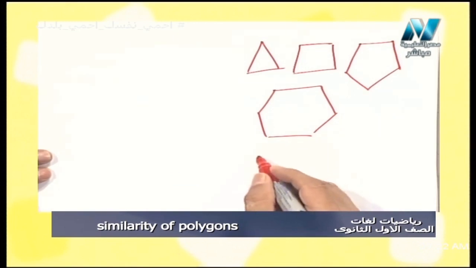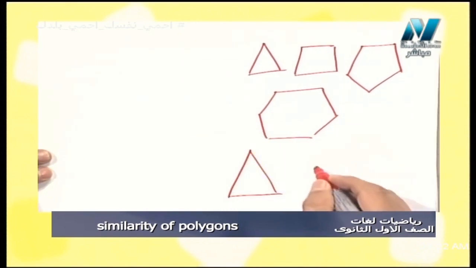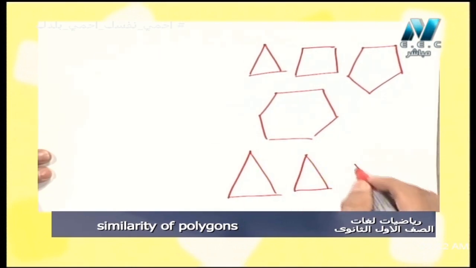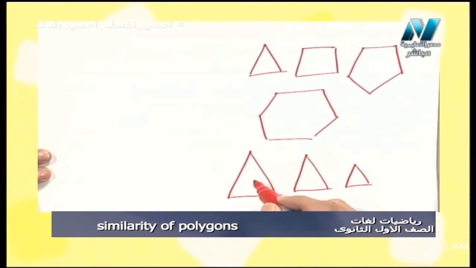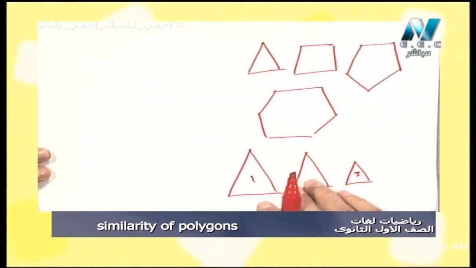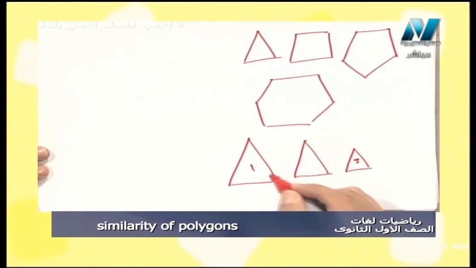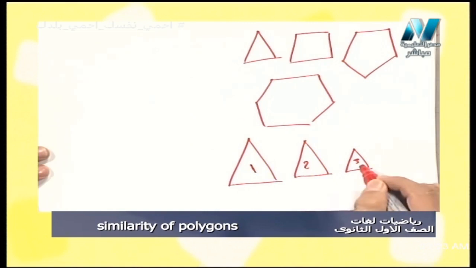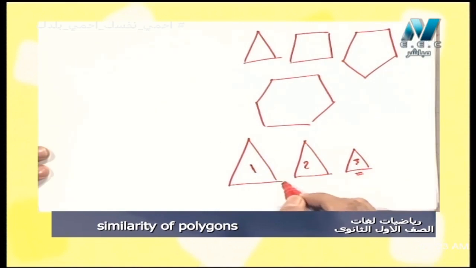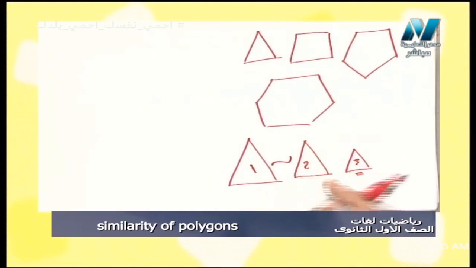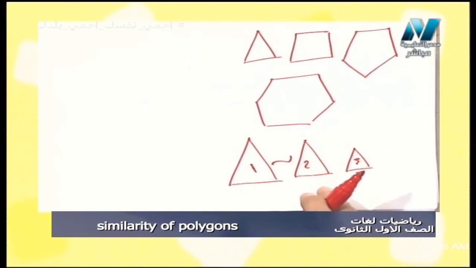If we have a triangle like that, and a triangle like that, and a smaller one, and triangle number 1 is similar to triangle number 3, and triangle number 2 also is similar to triangle number 3, then triangle number 1 is similar to triangle number 2. So if two polygons are similar to a third one, then the three polygons will be similar also.